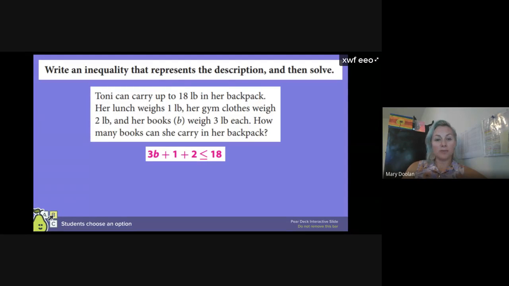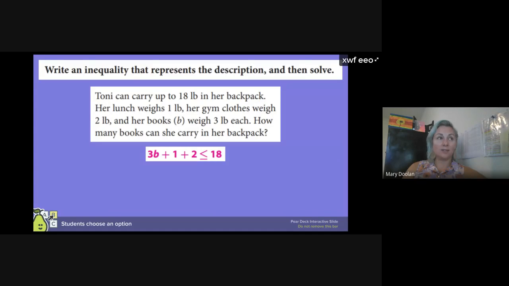This problem looks a little bit different than the problem we worked out together, the last one. My last example with you guys had 3 terms. This inequality has 4 terms. 4 things being added. 3b is a term, 1 is a term, 2 is a term, 18 is a term.